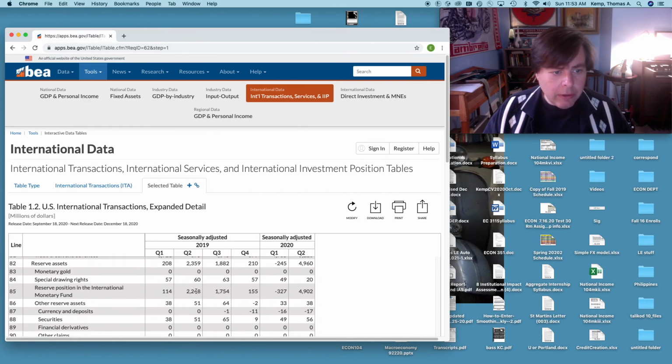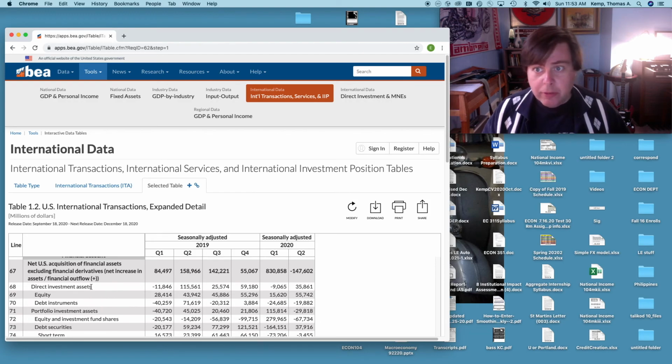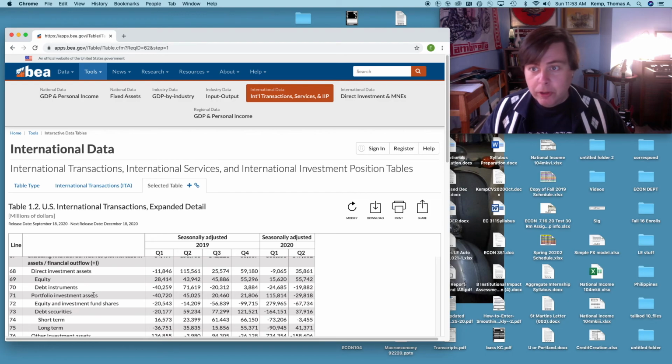Then there's also the financial account here, which I can tell we're scrolling through now. So these are the multilateral asset transfers. So direct investment assets, this would be a foreign firm builds a factory in the United States, or the reverse. This is direct investment. Portfolio investments, buying foreign stocks or foreigners buying U.S. stocks.